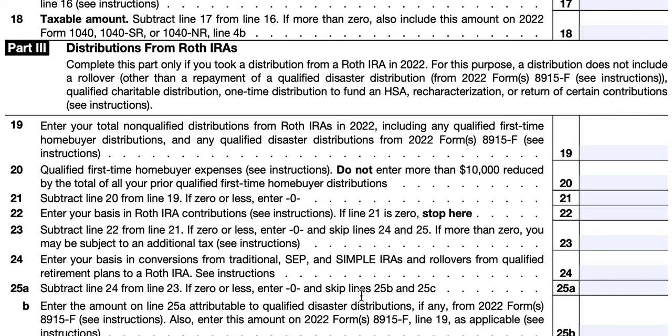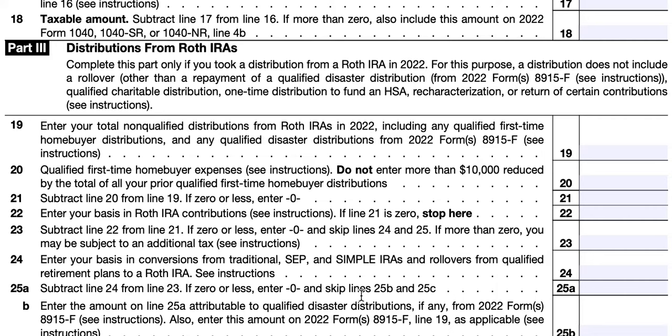So in line 19, you'll enter the total non-qualified distributions in the tax year. This includes any qualified first-time homebuyer distributions, any qualified disaster distributions from your Form 8915-F. In line 20, you'll enter any amount that you used for qualified first-time homebuyer expenses.